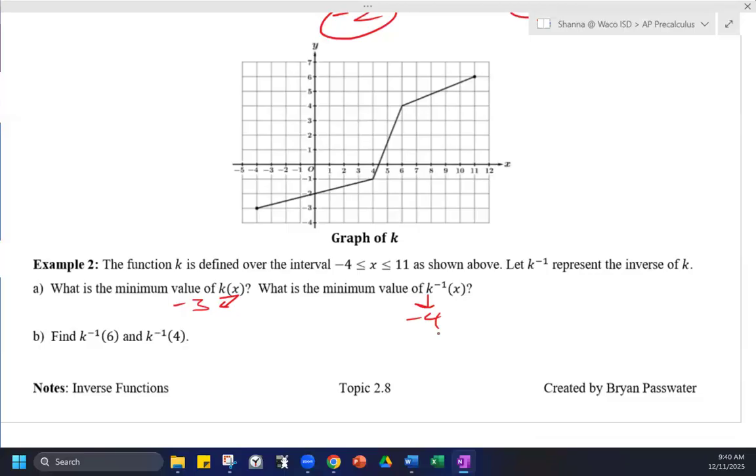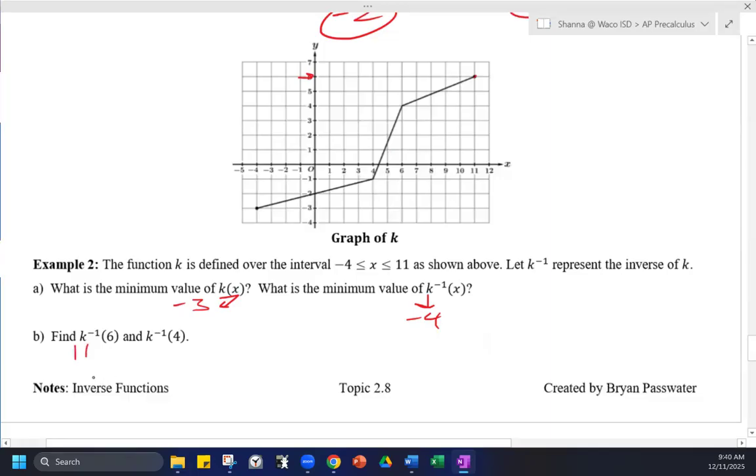I get 11. Inverse of 6 means I'm going to start at 6 and I'm asking, where do I go? And where does it end up at? 11. So k inverse of 6 is going to be 11. Do we see that?